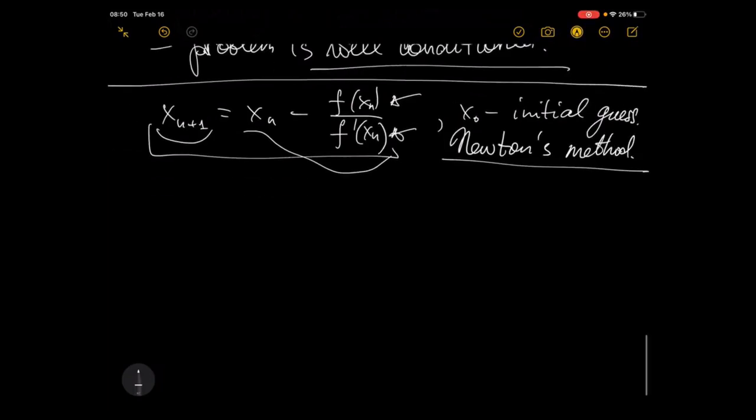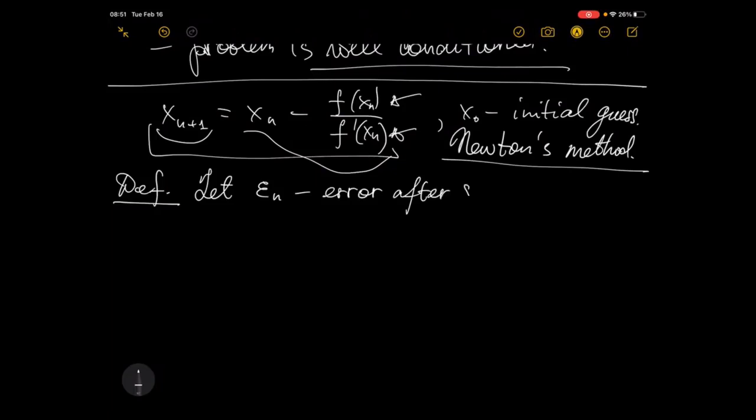I told you before that Newton's method has so-called quadratic convergence. I believe I gave the definition before, but let me give it again. Epsilon_n, the error after step n of an iterative method.